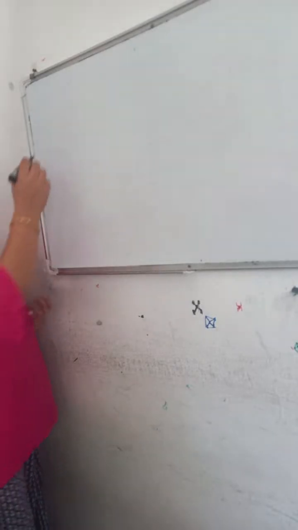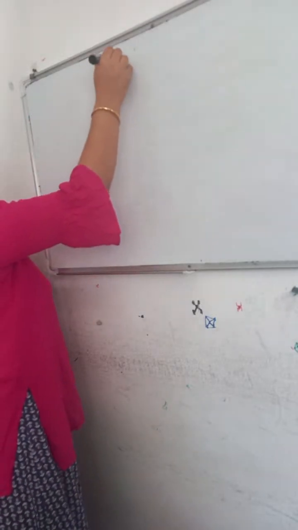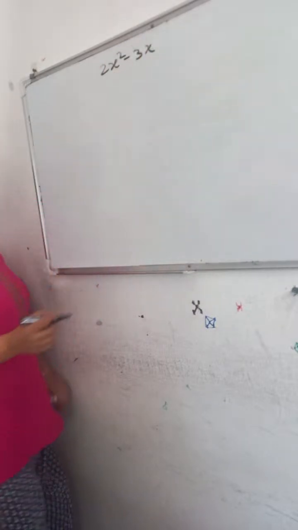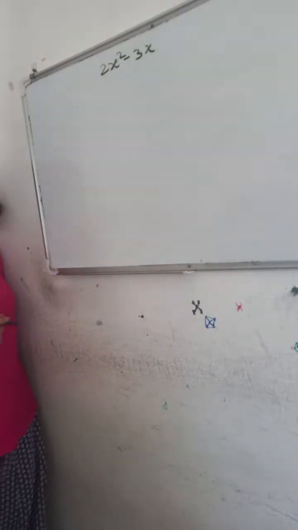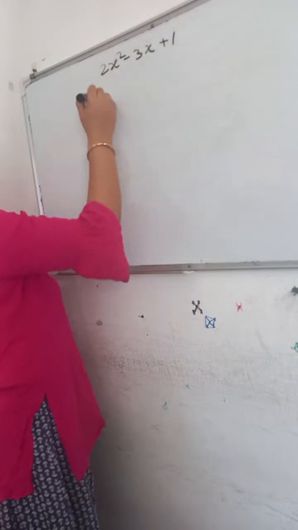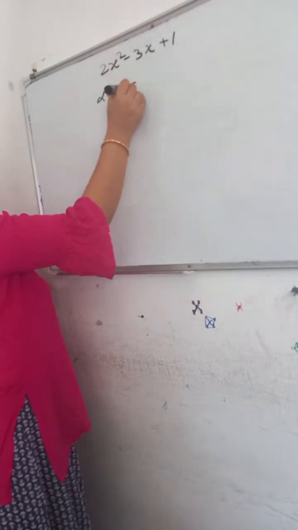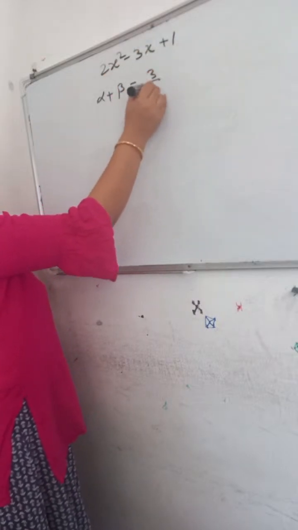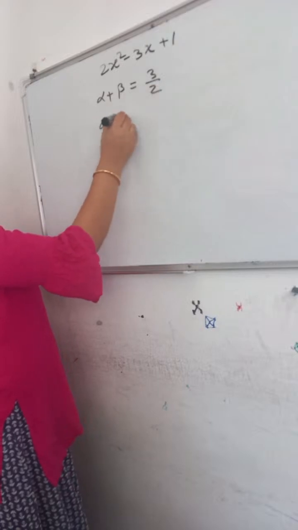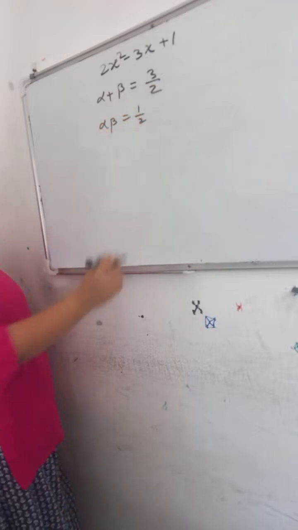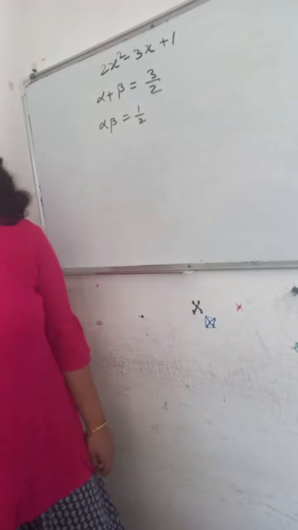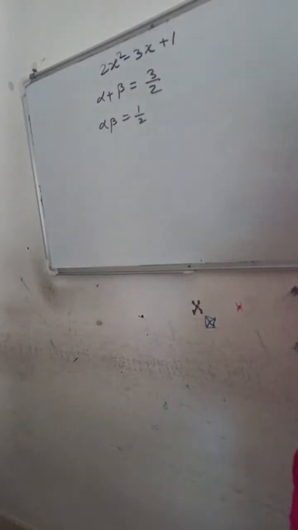2x square minus 3x plus 1. Tell me, alpha plus beta is how much here? 3 by 2. And alpha into beta is 1 by 2.